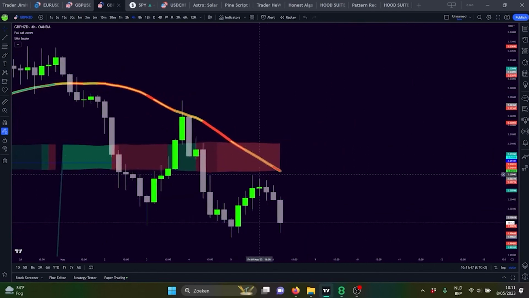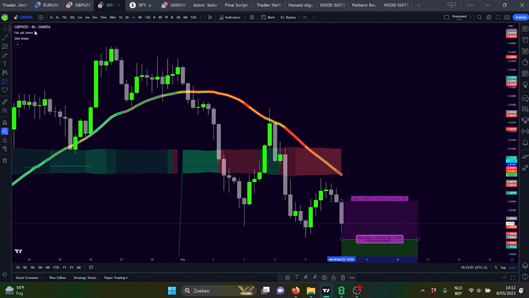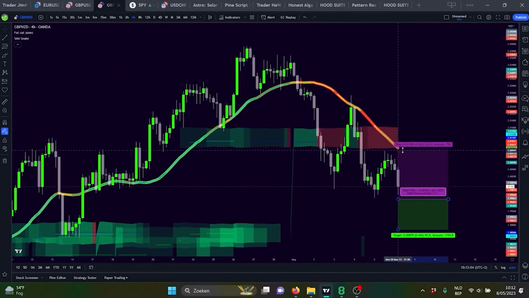We didn't touch this here, but we went through the zone. So what I'm going to do is put a limit order below the low here to make sure we confirm the move. Then I'm going to put stop loss above this high to target 1 to 1.